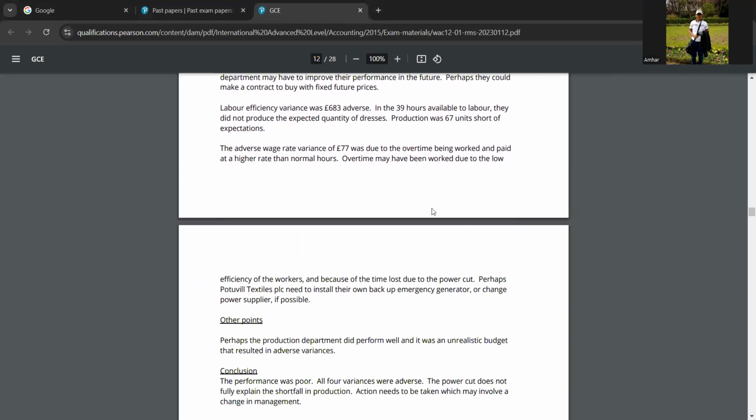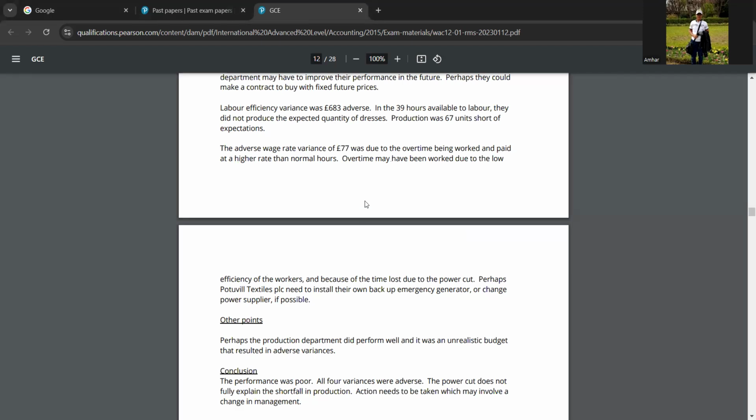And then you can say overtime may have been worked due to the low efficiency of the workers. So when the workers are not efficient, they will not produce the quantity of product within that time. They will take more time to produce that product because they are not efficient, not specialized, not highly trained, not highly skilled.